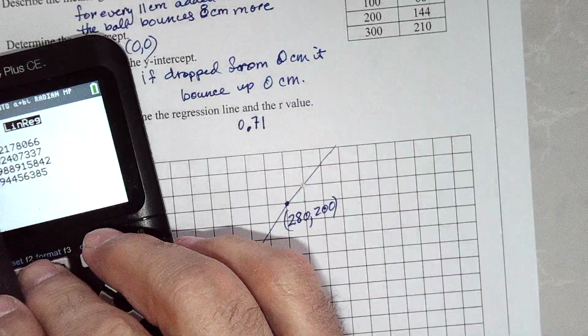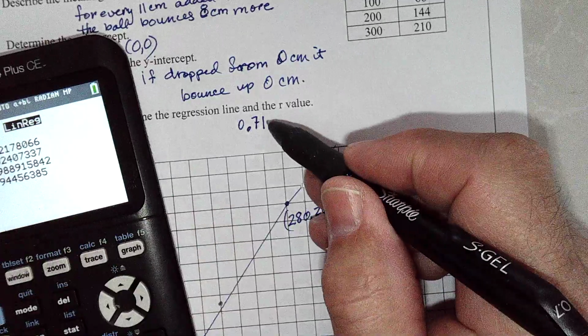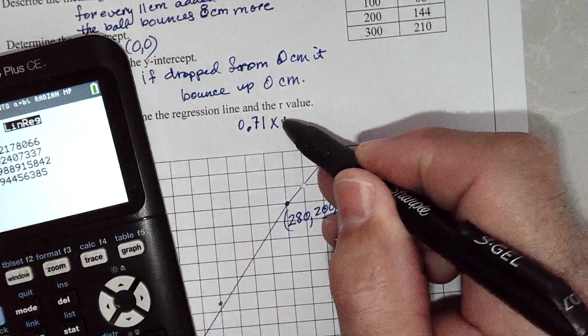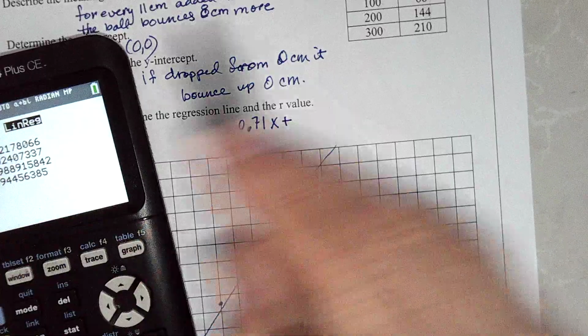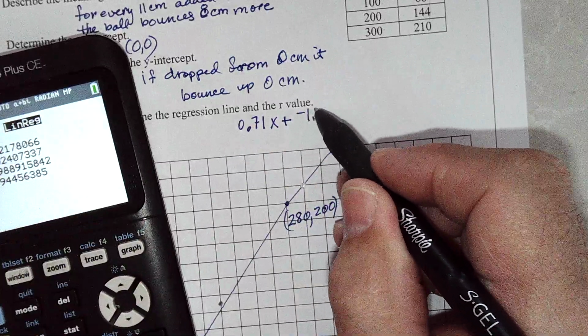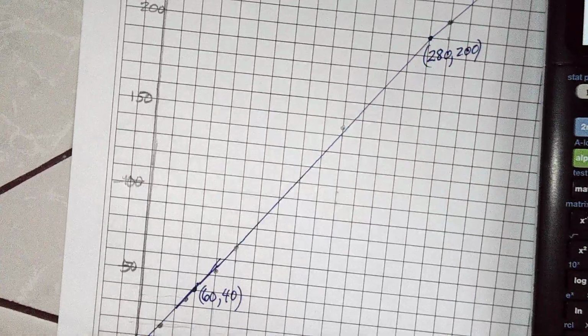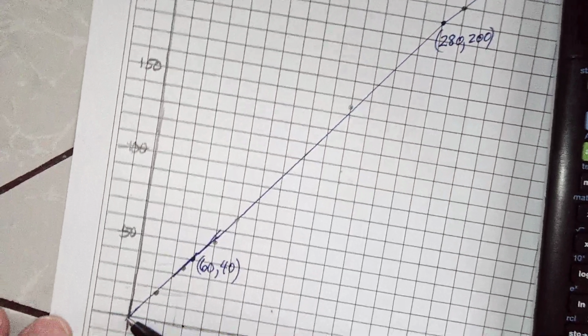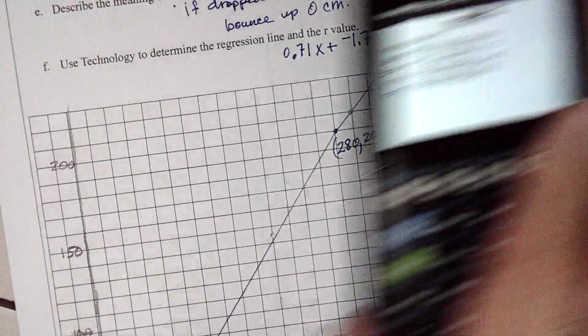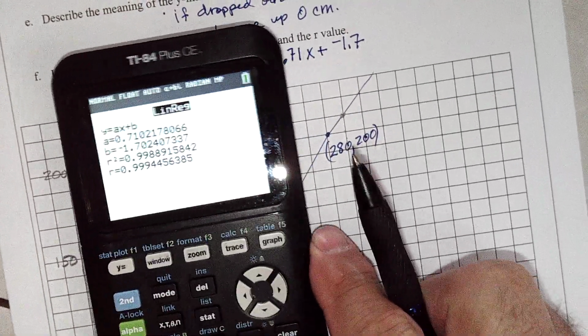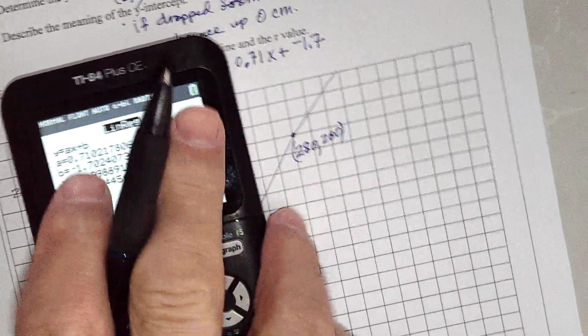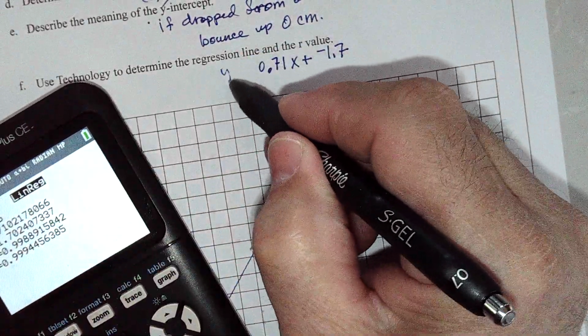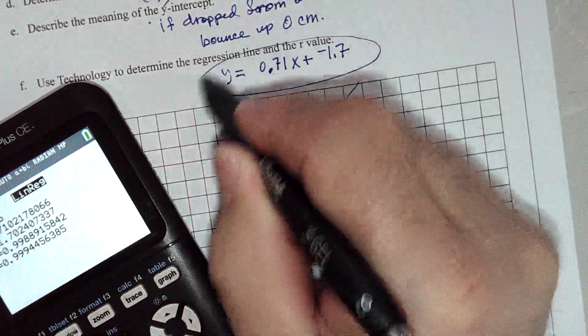A is the slope, x plus the y-intercept is negative 1.7. So it's predicting this is going to hit below the x-axis, but that's close to 0. And the y is the bounce height. So here's my mathematical model.